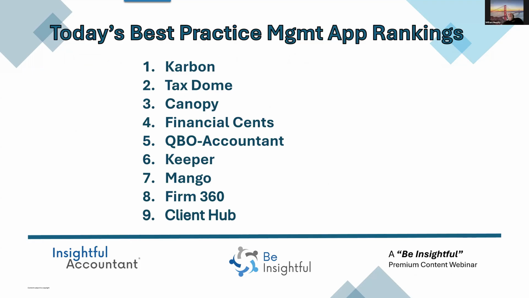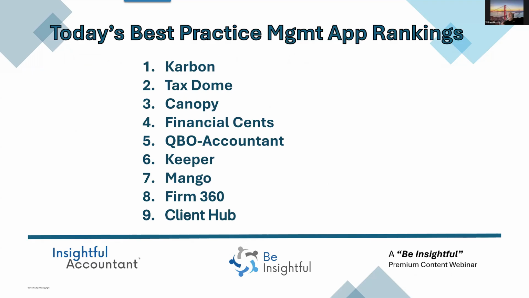So, folks, believe it or not, based on the criteria that we use to do these Be Insightful assessments, this is the ranking of the 9 apps that we looked at today. Karbon was number one, TaxDome, Canopy, Financial Sense. QBO-Accountant was number five.